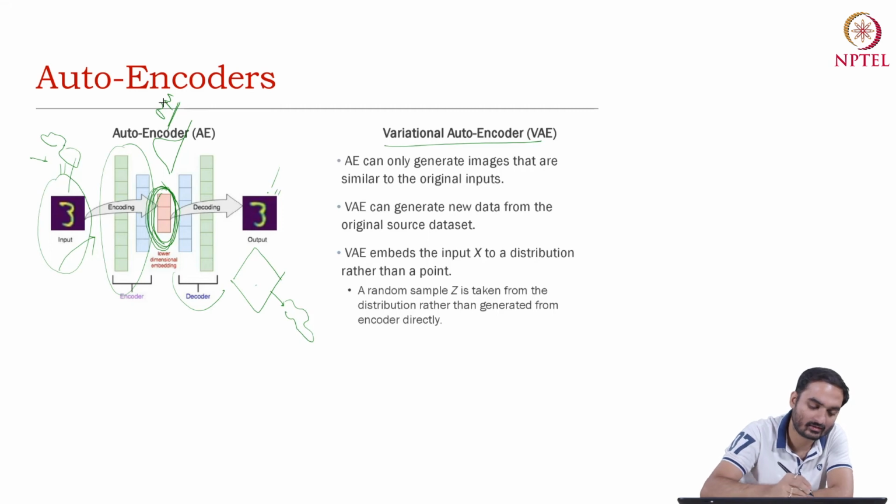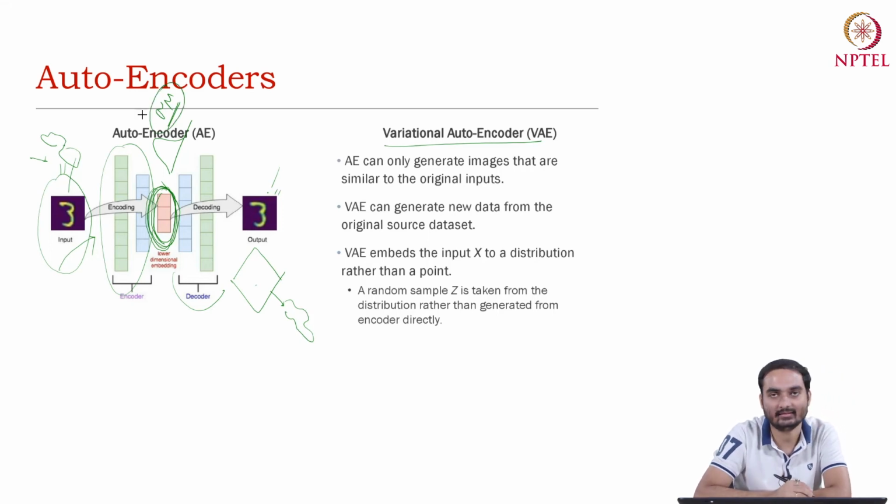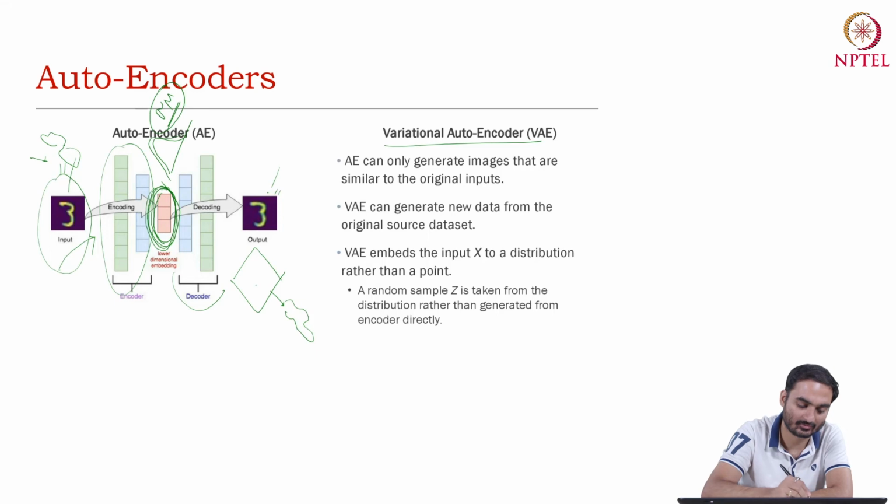So the encoder predicts the mean and variance, essentially a distribution, and then from this distribution you randomly pick. This distribution is the distribution of the latent space.